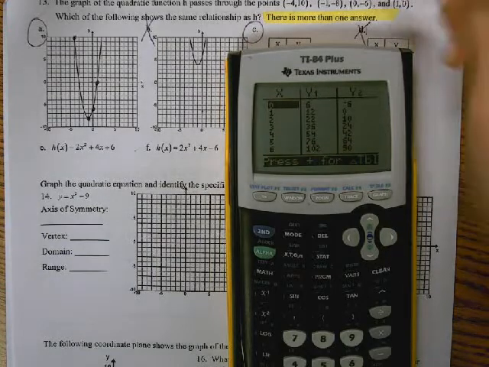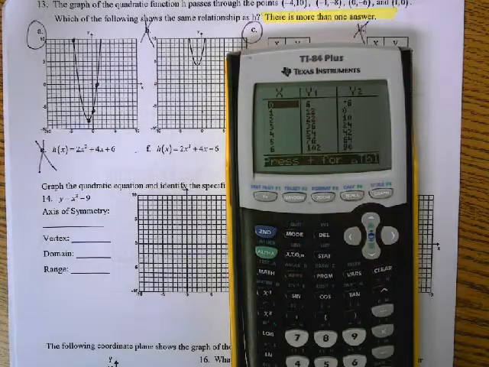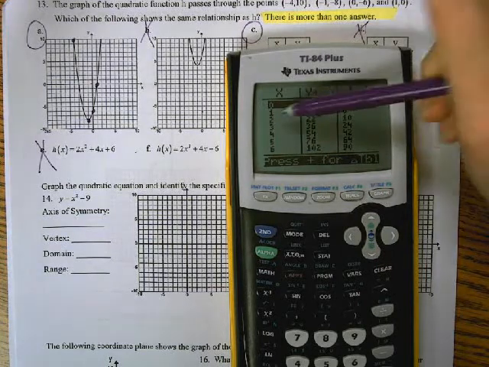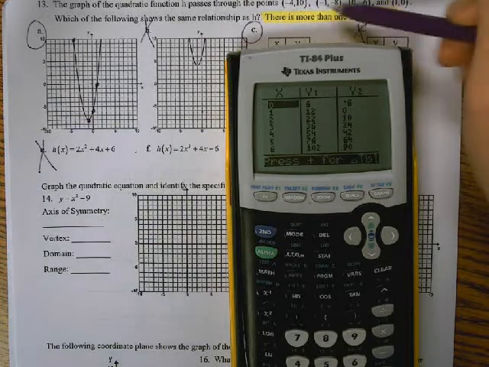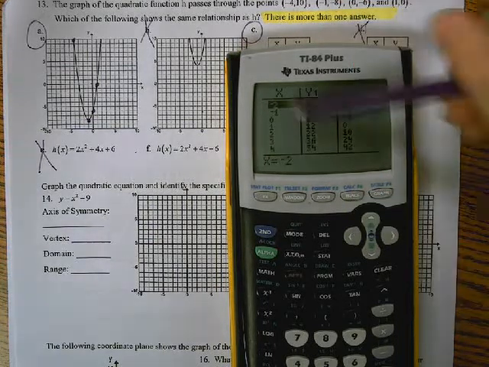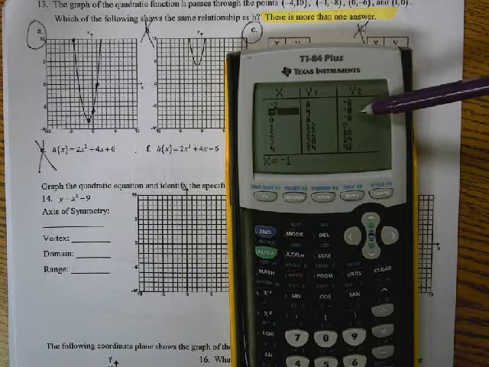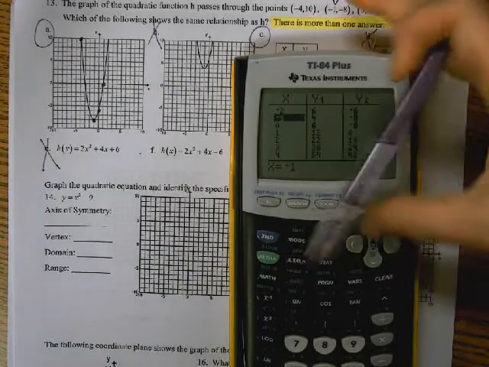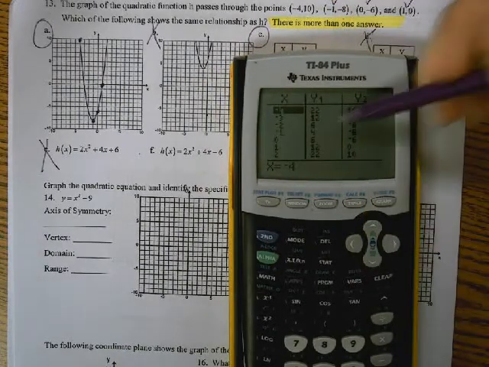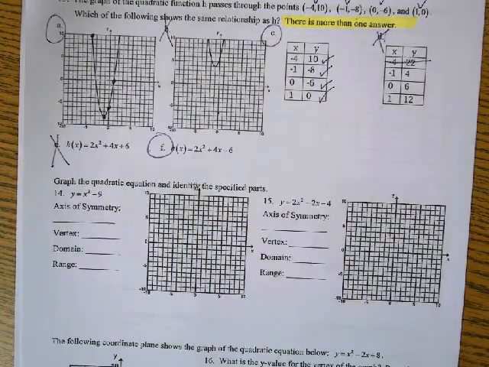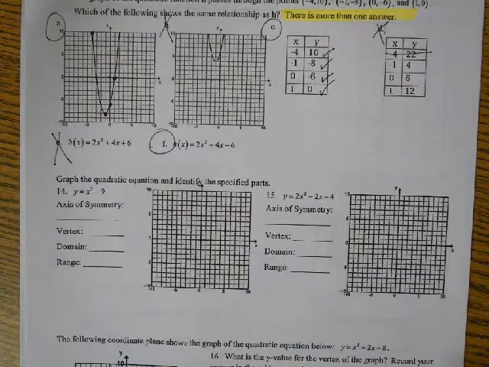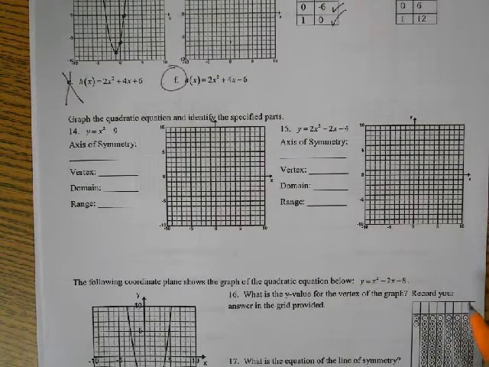So that one works for y2, but y1 doesn't have it, so it's for sure not y1. Also, (1, 0) works for y2. I just need to check these two to be sure. So (-1, -8), yep, and (-4, 10), yep. So F is the equation. Okay. 3 answers on that one.